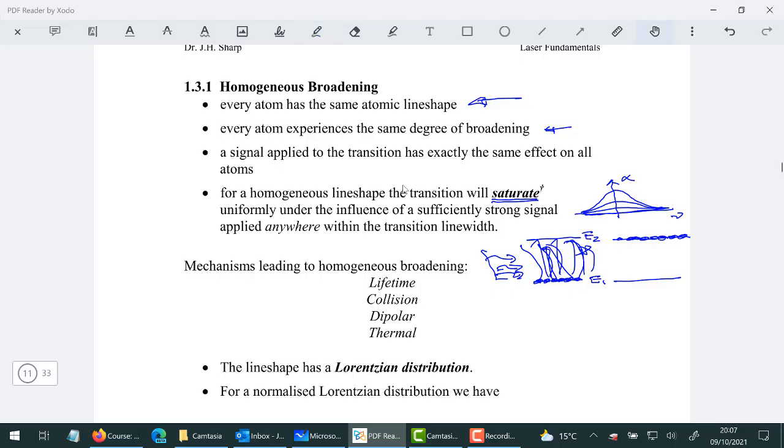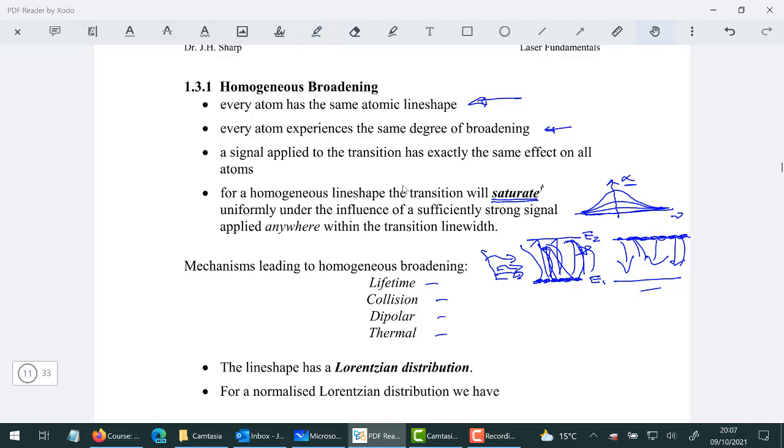Then if we put in enough photons, it will force more and more of them to make the transition down into level 1, until eventually there are none in level 2 and we don't see any more emission. So whether we're talking about absorption or stimulated emission, we have the same sort of process of saturation.